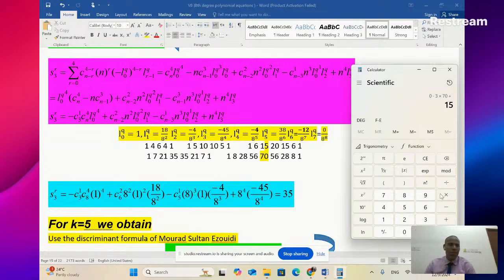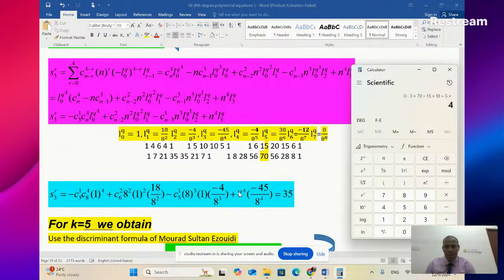I will write immediately times 18, minus 5 choose 1, multiply by 8 cubed divided by 8 cubed is 1, multiply by 1 is 1, multiply by negative 4. Therefore, you see negative multiply by negative is positive. I will write immediately plus 5 times 4.